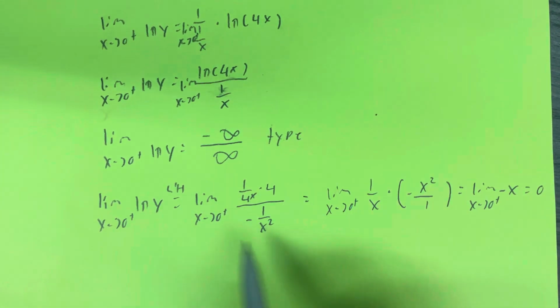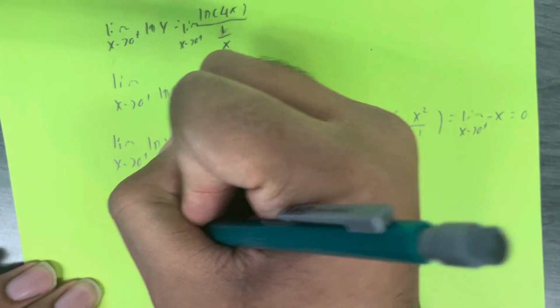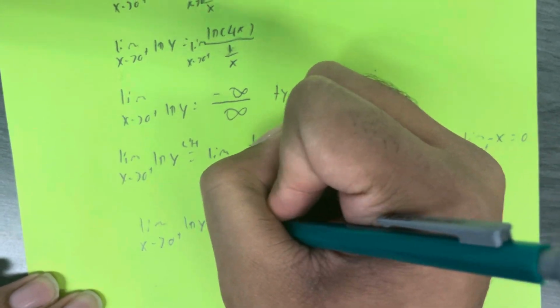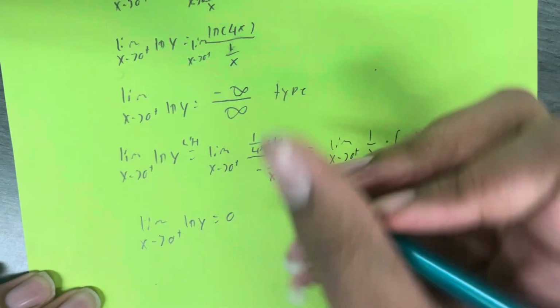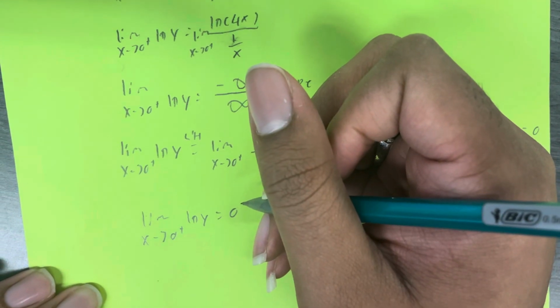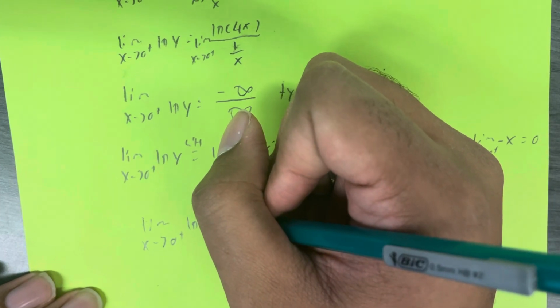So then, since this whole thing is equal to 0, you would have limit as x approaches 0 from the right, ln y equals 0. And then we need to figure out how to get this y out of here. So then you would take it to the e if you do one of your exponential rules.